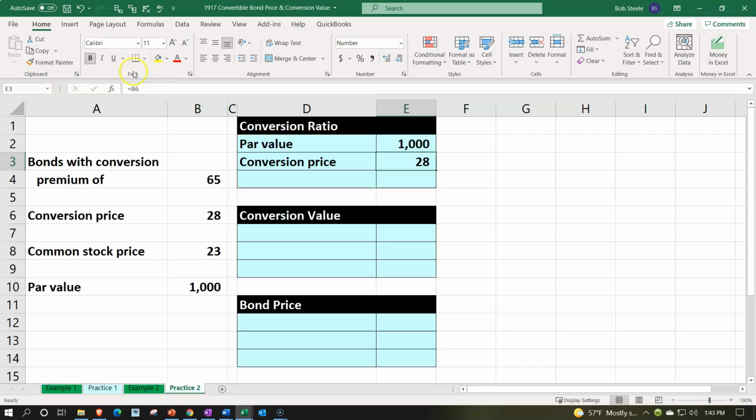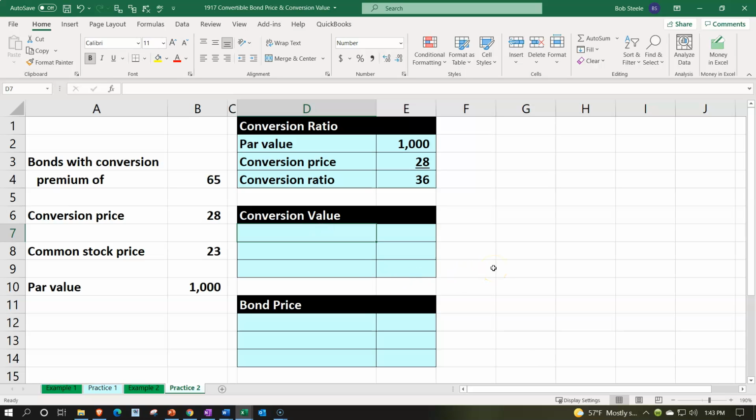Going to then go up top, font group, underline, and that'll give us our conversion ratio, which is equal to 1,000 divided by 28, or 36. That means we can convert the bond to 36 shares of stock. Then we can figure out the conversion value.